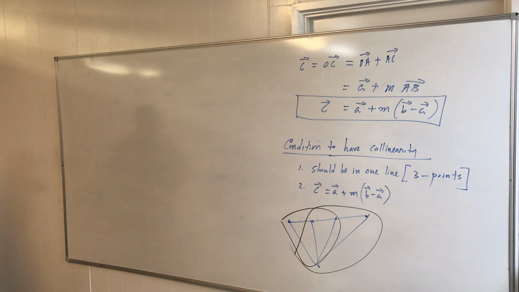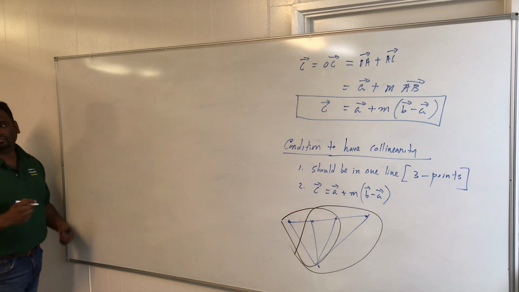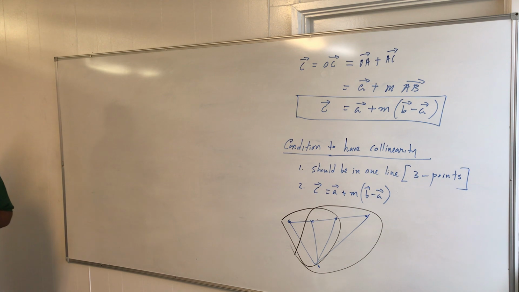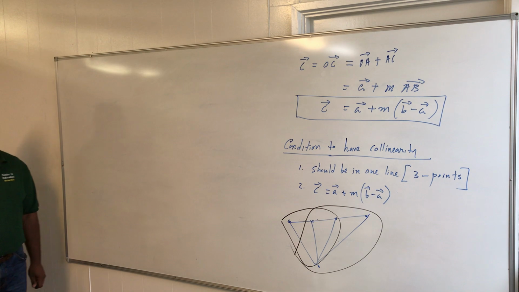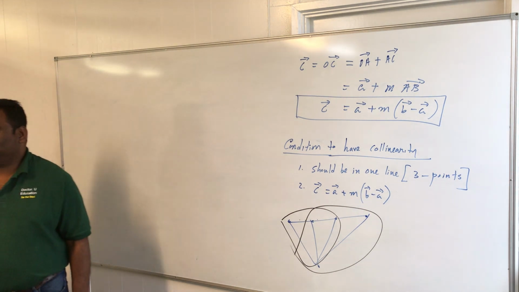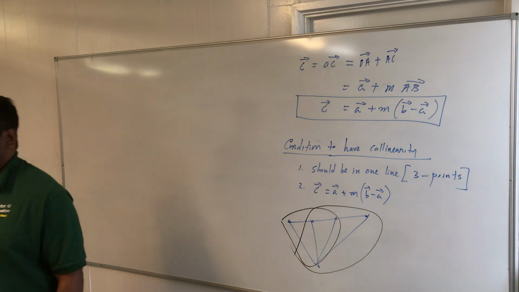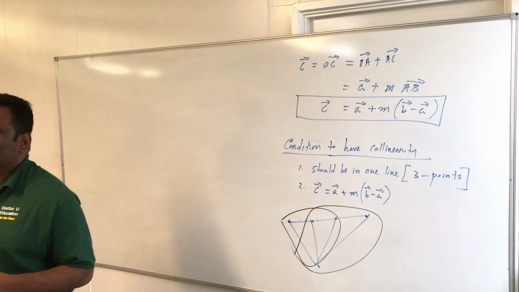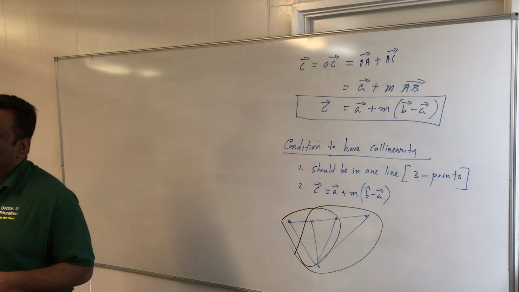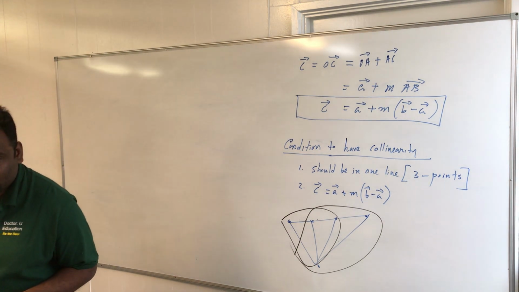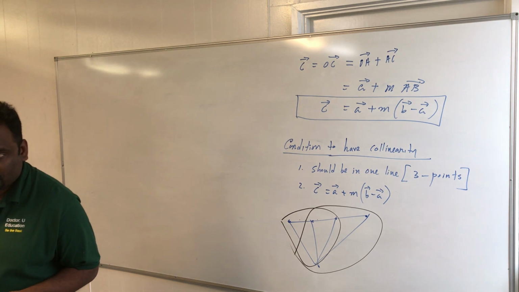Okay. So independence and dependency, okay? What is independence and dependency? We did this. We'll have a little brush up. What is dependence and independence? Vectors that can be expressed in terms of other vectors.